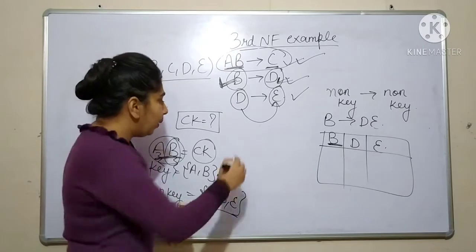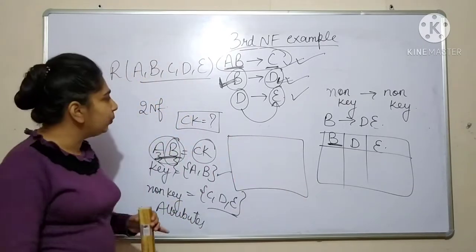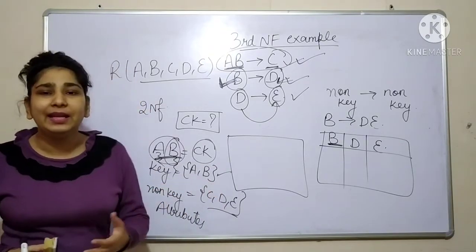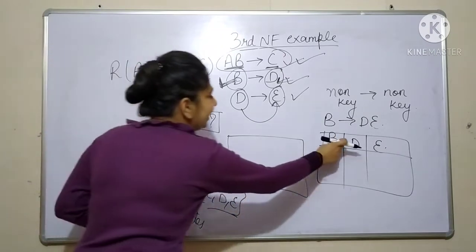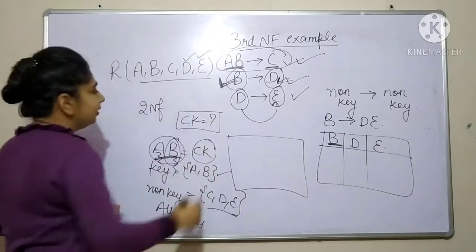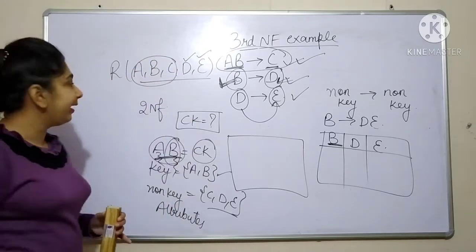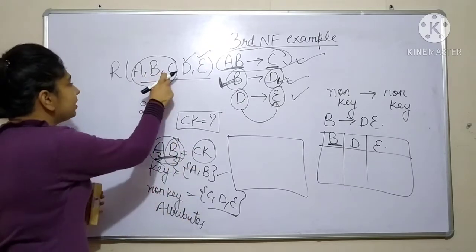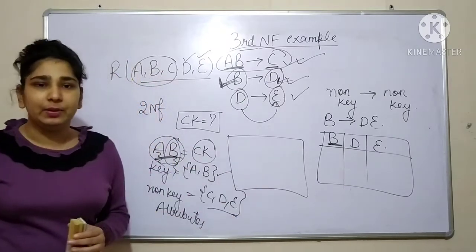Now what is the other table we are having? What are the remaining attributes we have? You have kept B, D and E in the other table, so the remaining attributes, A, B and C, we will keep in this separate table.